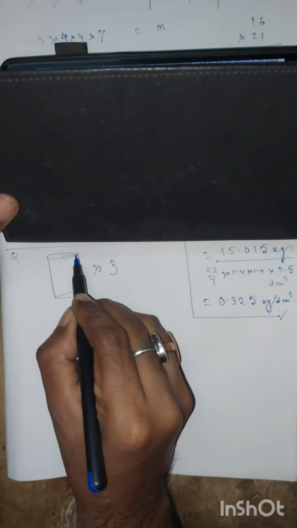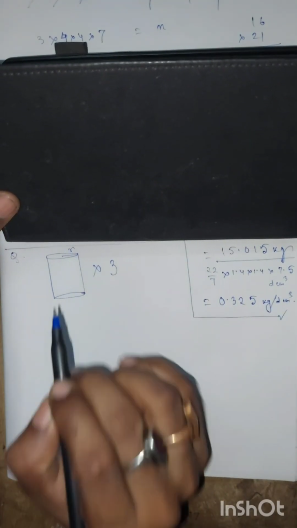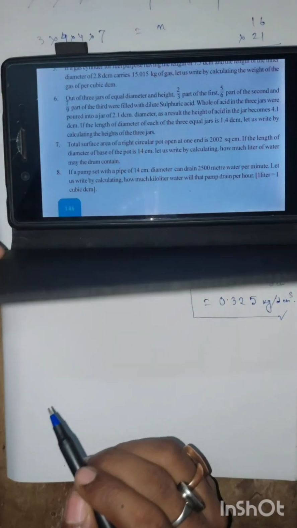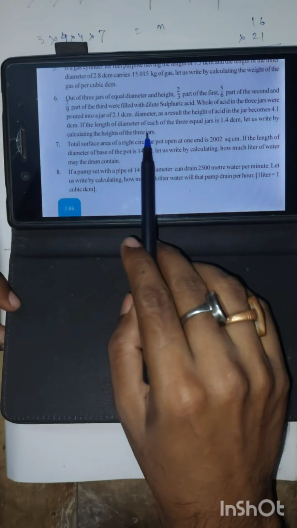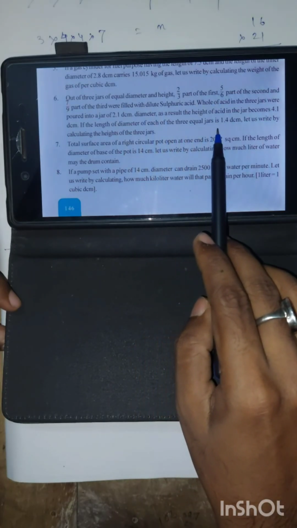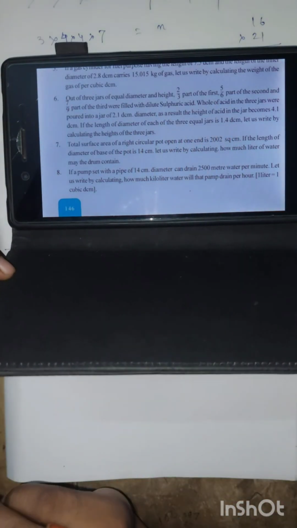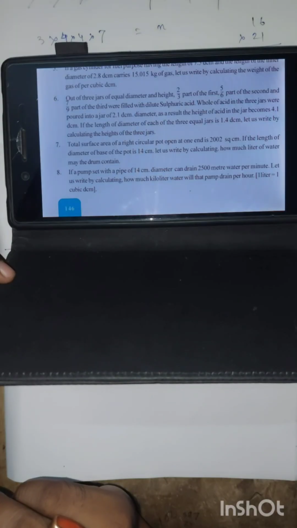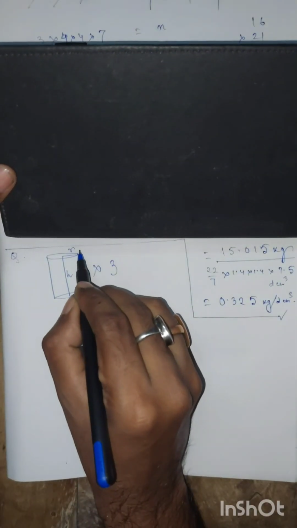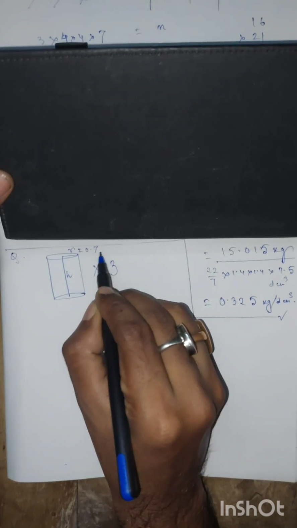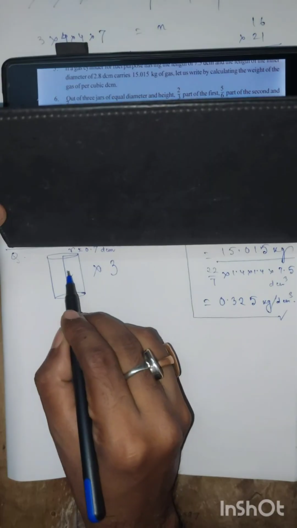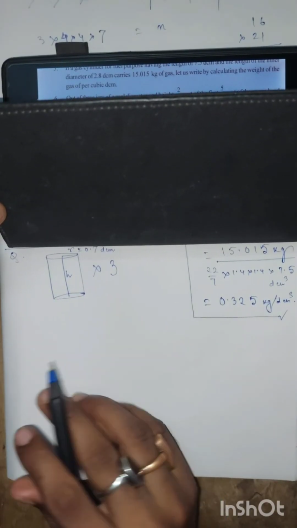So the radius of each jar is r and the height, let us assume it is h. They are saying that the length of the diameter of 3 equal jars is 1.4, so the radius is 0.7 dcm and the height we do not know.